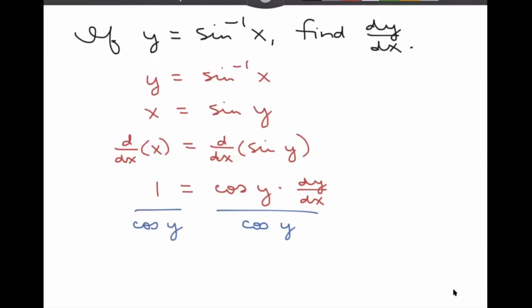And that is going to give me 1 over cosine y, which is secant y, equals dy dx. And what was y again? Y was inverse sine of x. So here's what we have. We have dy dx is equal to the secant of the inverse sine of x.